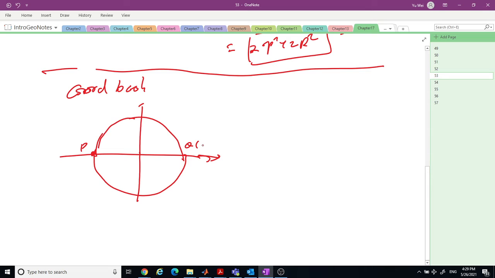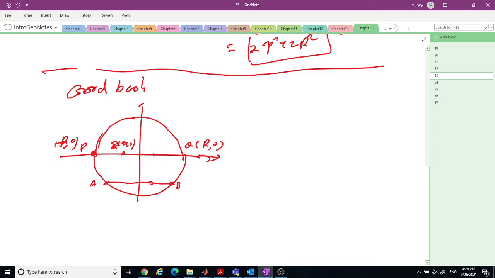Let's see the radius is R, and the points are (R, 0) and (negative R, 0), right? And let's see the point X is located at (P, 0).